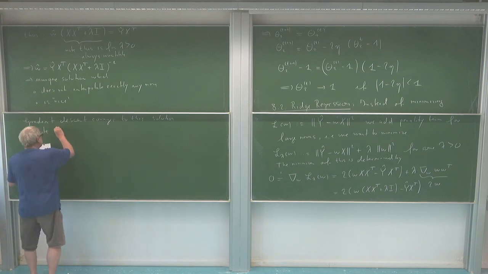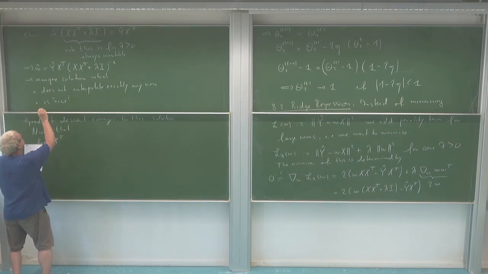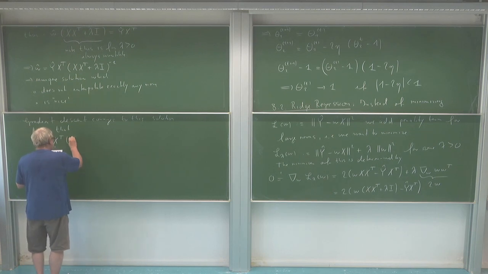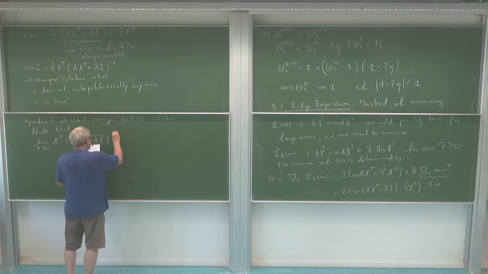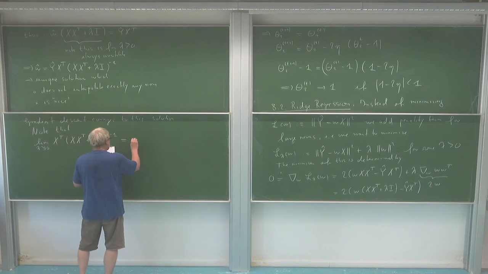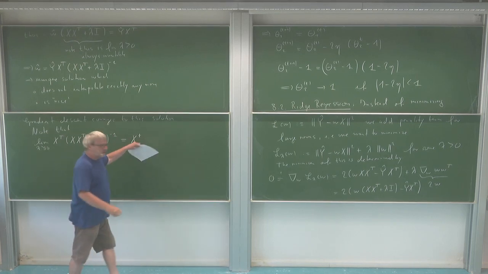So note that if I take the limit, lambda going to 0, of what I have there, x transpose x plus lambda 1 to the minus 1, this goes to x plus, which is the pseudo-inverse.